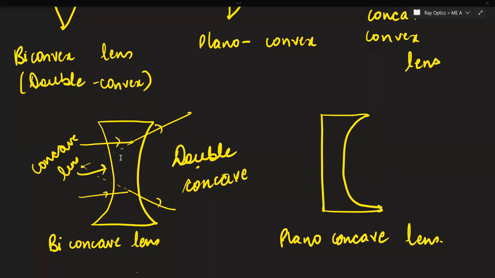Yes, Jiva. Virtual. Good. Virtual images. The lines are not actually intersecting. They are appearing to intersect because you have produced them.